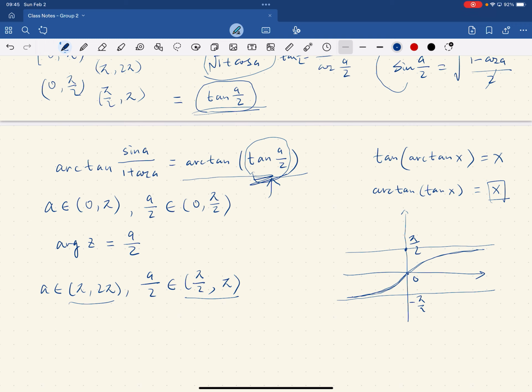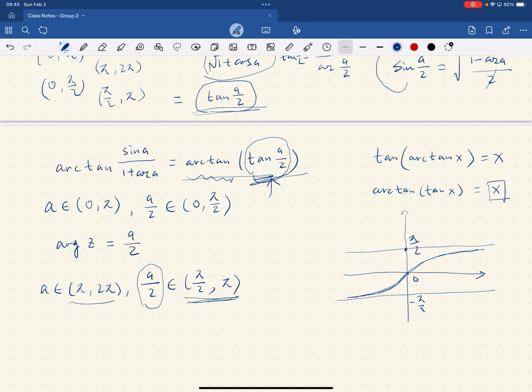Okay, I'll repeat this. Now a over 2 is in quadrant 2, right? Because it's pi over 2 to pi. That's quadrant 2. But arctan will never give you any value in quadrant 2. Never. It can't. Instead, it'll give you a value in quadrant 4. So you take the value in quadrant 2 minus pi.